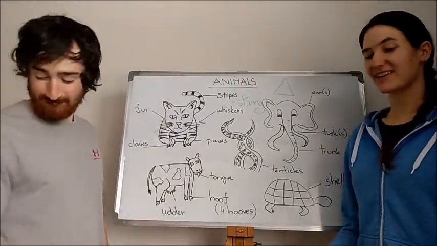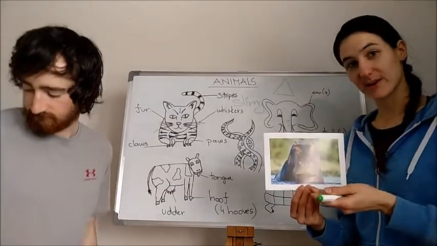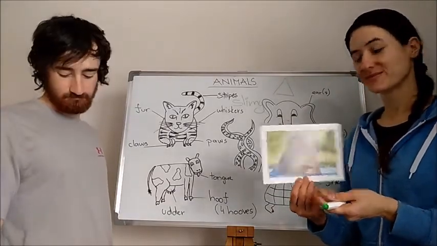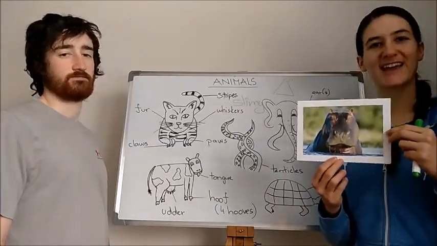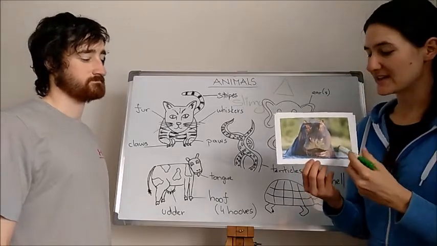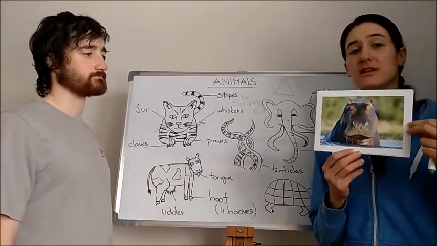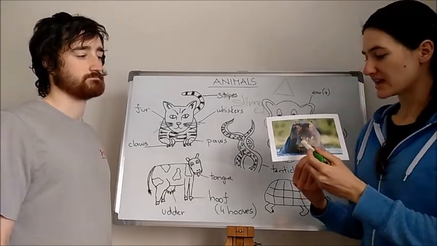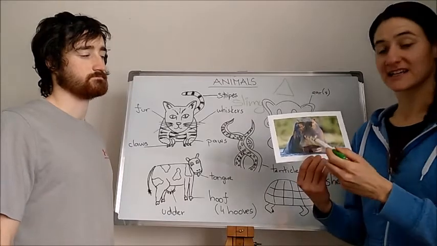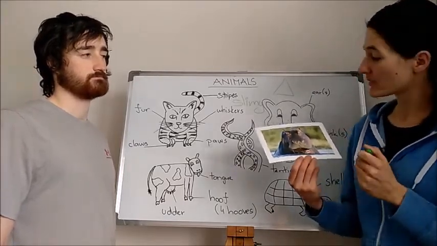Exactly. Okay, now we'll have a look at what animal this is. Right, it's a hippo. Hippos are very big and heavy animals. They can be quite dangerous, and if they want to, they can be quite fast as well. They have a big head with a huge mouth and a wide tongue.